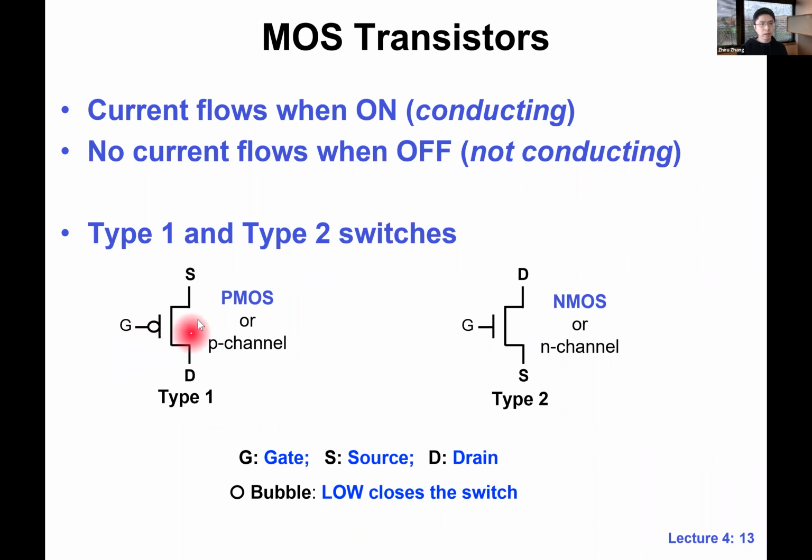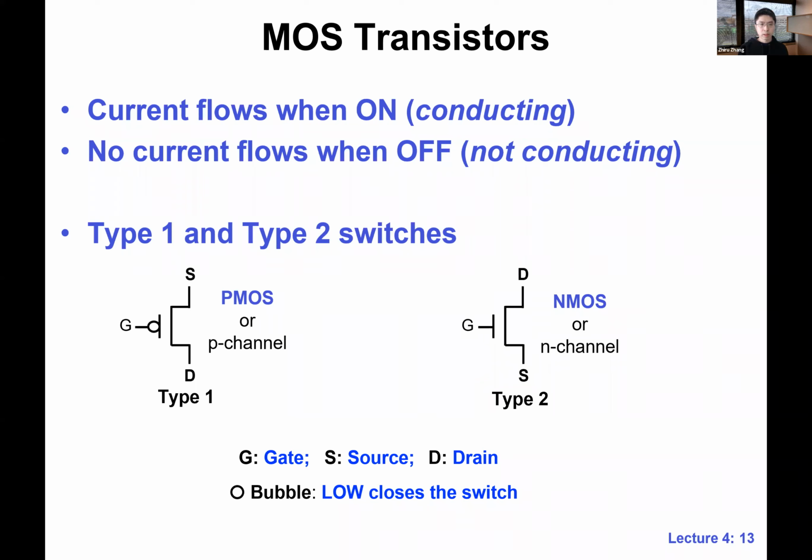It's on when the input is low. And we also have the type 2 switch, called NMOS, another kind of transistor. If you look at the symbol here, it's the opposite. NMOS is on, or closed, when the gate is tied to a high voltage input.